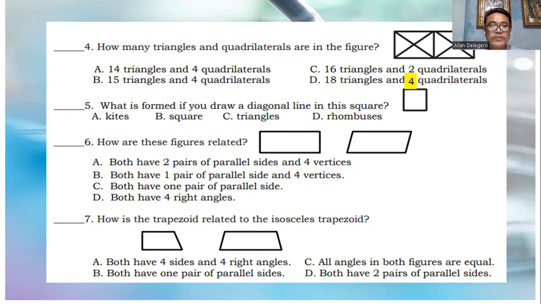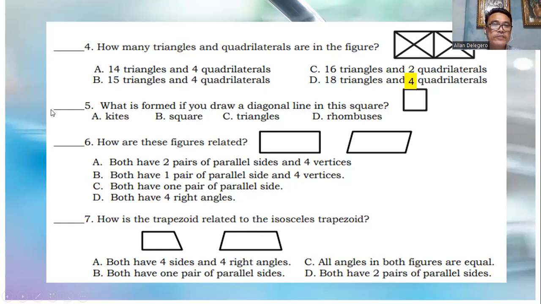How is the trapezoid related to the isosceles trapezoid? A, both have 4 sides and 4 right angles. B, both have 1 pair of parallel sides. C, all angles in both figures are equal. D, both have 2 pairs of parallel sides.